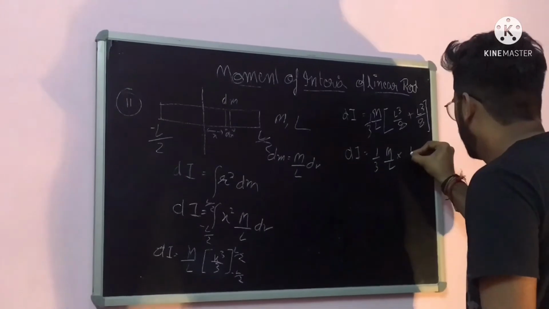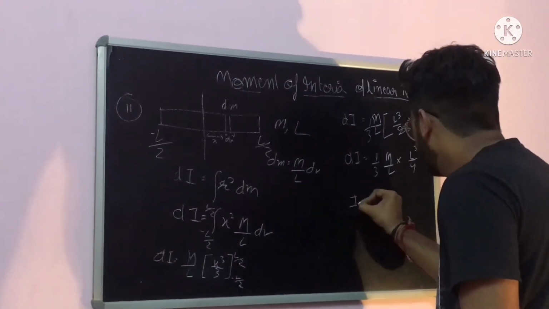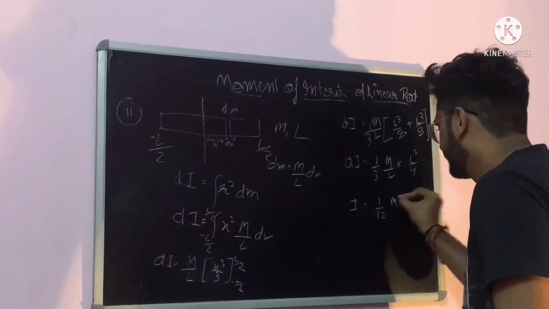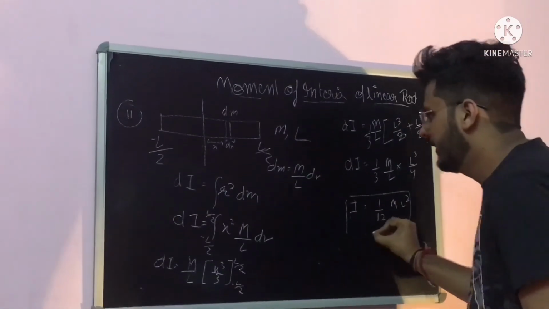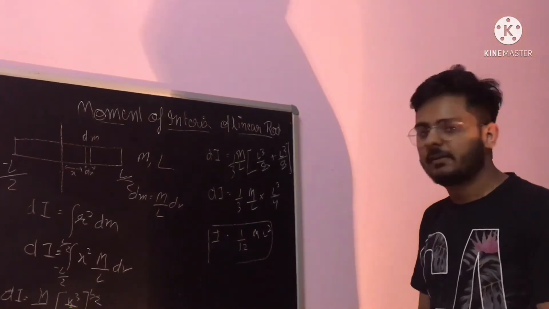So here it will be L cube by 4. So the final answer comes to be 1 by 12 ml square. Now this is the answer, so please write it and copy it.